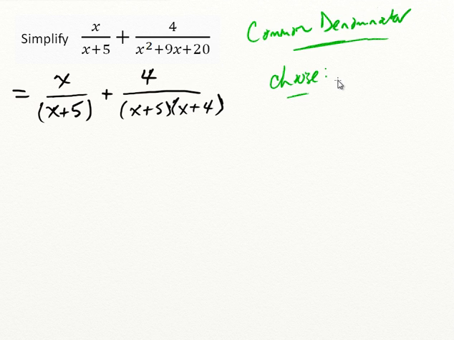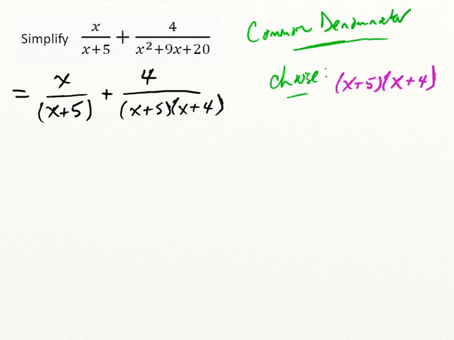So if I choose a common denominator of x plus 5 and x plus 4, the second denominator, you will see that that will mean I do not need to change the second fraction's denominator. The only fraction that I need to change will be the first one, because it does have an x plus 5 term. It's just missing the x plus 4 term.